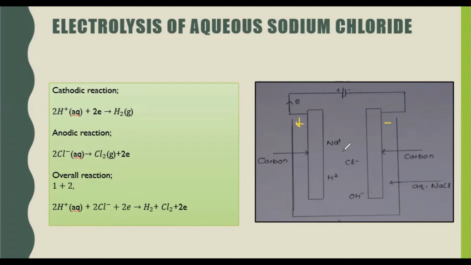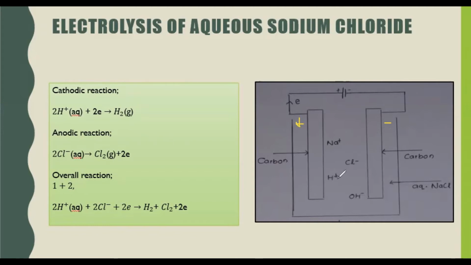In the first video, in electrochemical cells, I taught you about the activity series. You have to check in the activity series who is at the bottom, sodium or H plus. If you go and see, you can find out that H plus is at the bottom. So that means the H plus will get the chance to go near this negative electrode and get reduced.